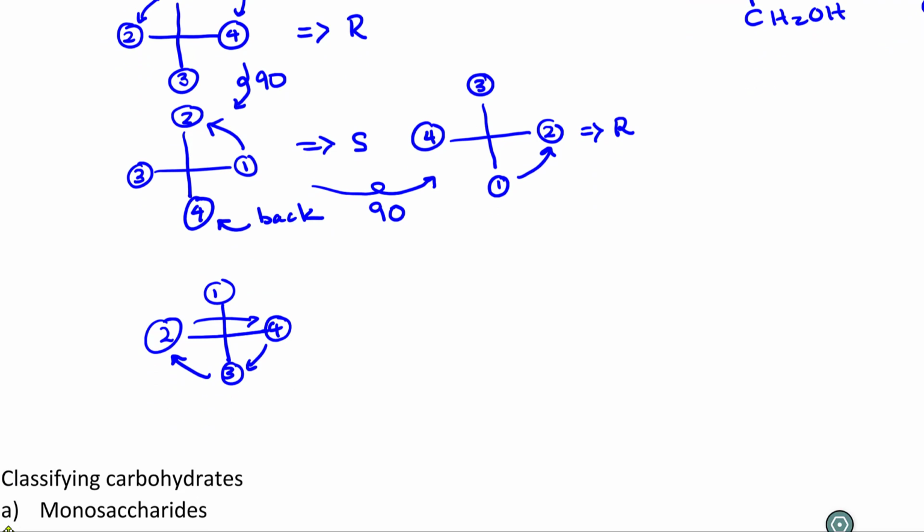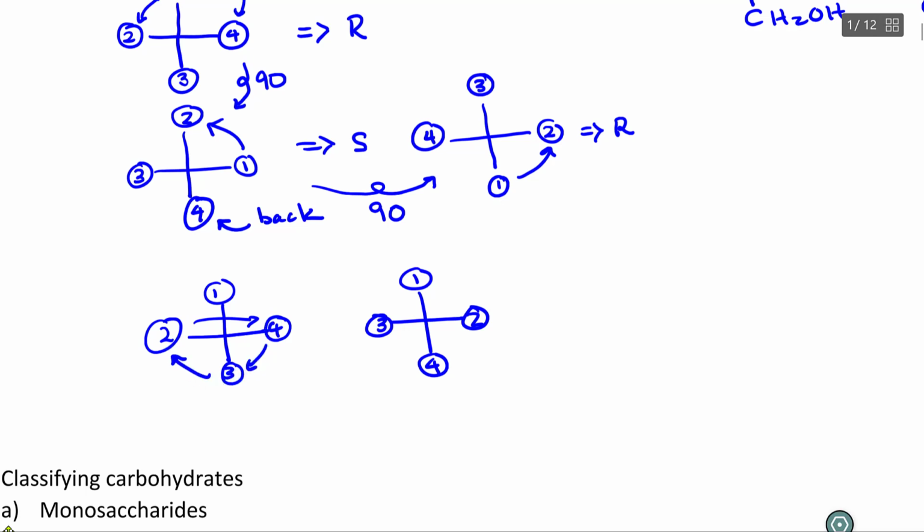Okay, so let's see what I get. I'm going to have 1, and then 2, and then 4, and then 3, like that. Hopefully you followed that, but the rotation: 2 goes to where 4 is, 4 goes to where 3 is, and 3 goes to where 2 is.